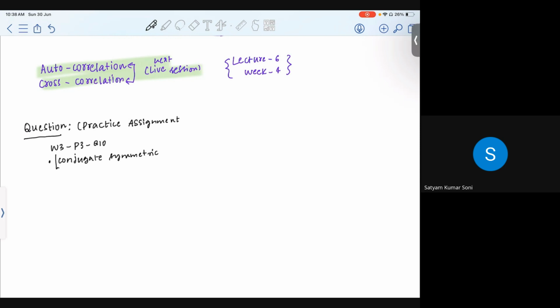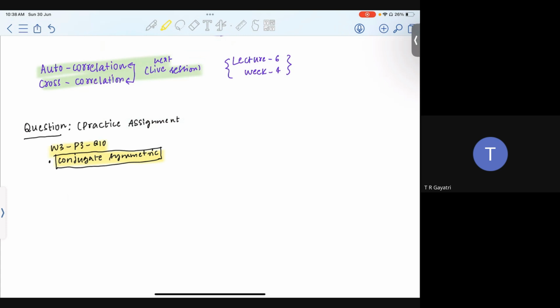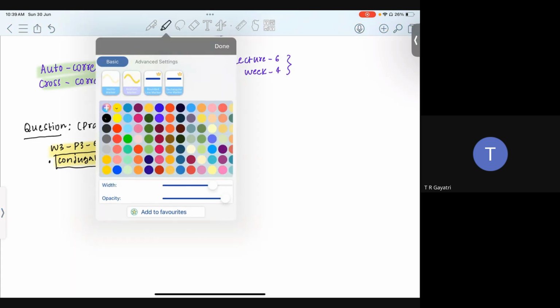It's in the practice assignment, so make note of this, guys. That is correct, right, Satyam? The answer is conjugate asymmetric, but the correct answer is conjugate symmetric. Yes, ma'am. So this is a correction.